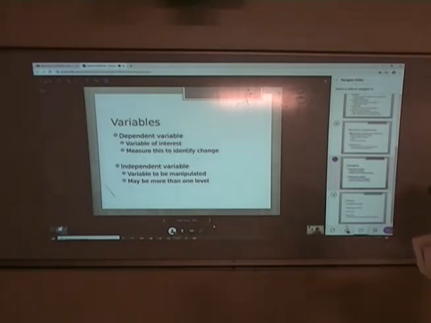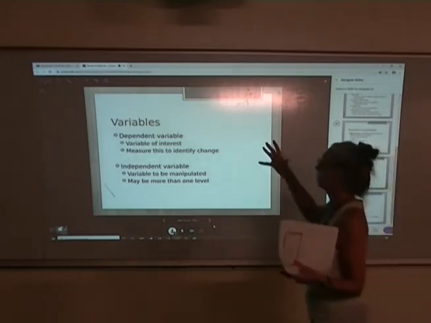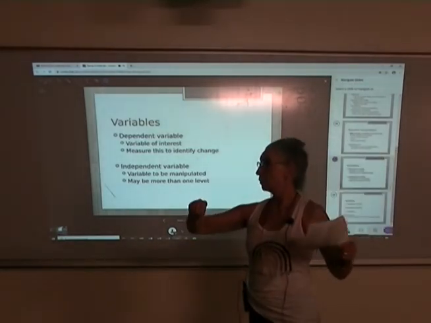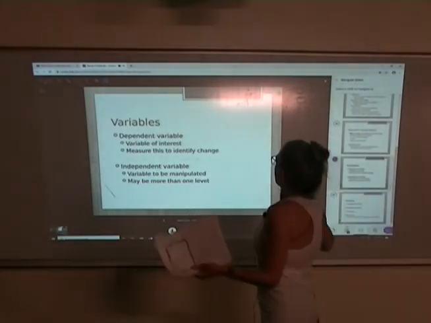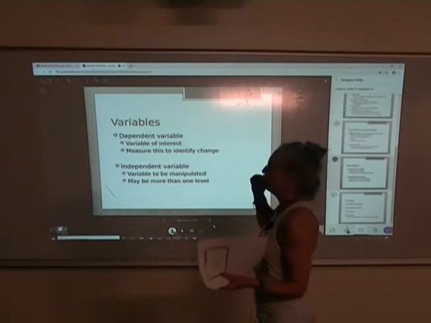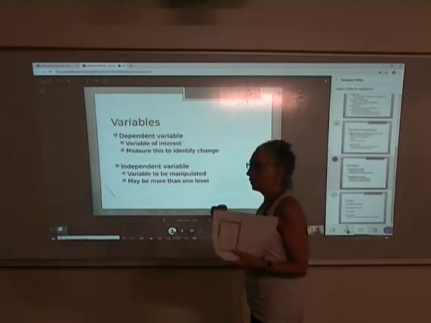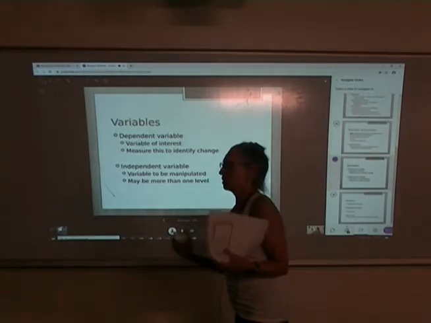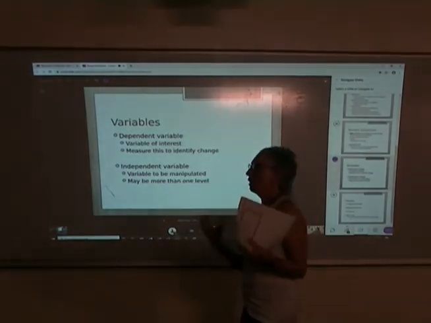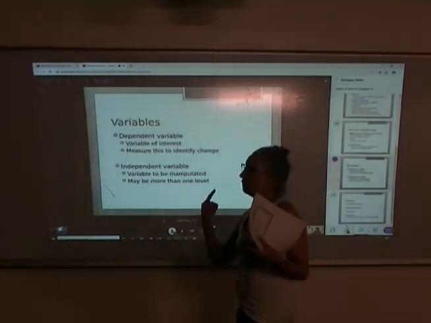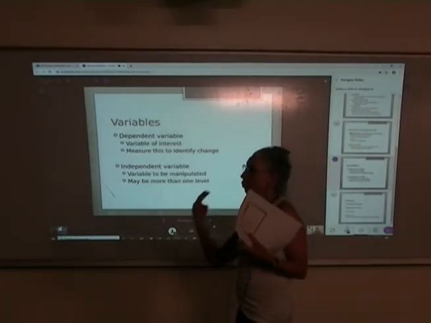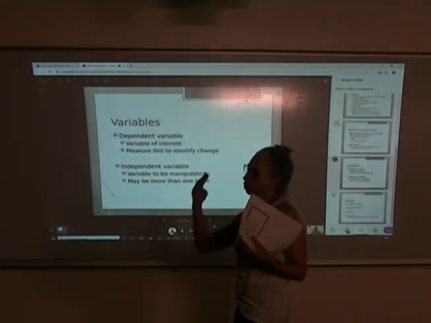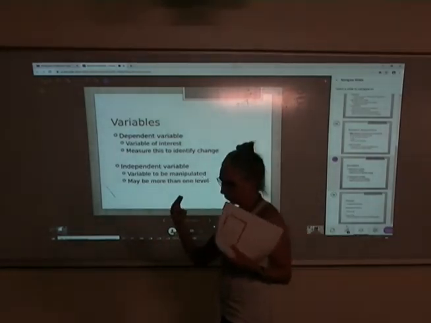Okay, so I think I talked about variables earlier in the semester, but I want to go over them again because they relate to your purpose statement. All right? So when you are looking to put your purpose statement together, as a master's level student, I would encourage you to have one dependent variable and one, at most, two independent variables. All right?